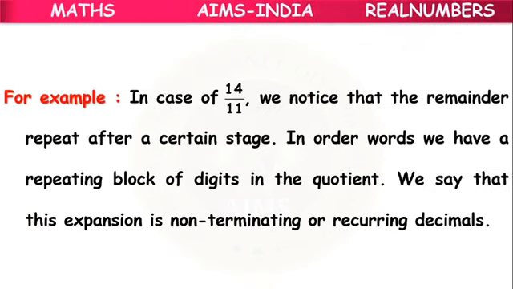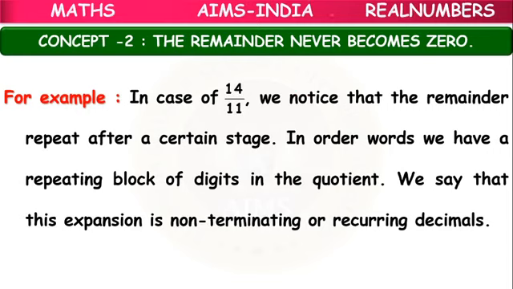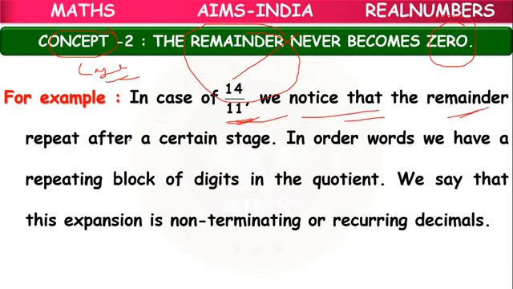Next. There is one more case possible. Case 2: the remainder never becomes 0. In 14 by 11, if we divide numerator 14 with the denominator 11, we notice that the remainder repeats after a certain stage.